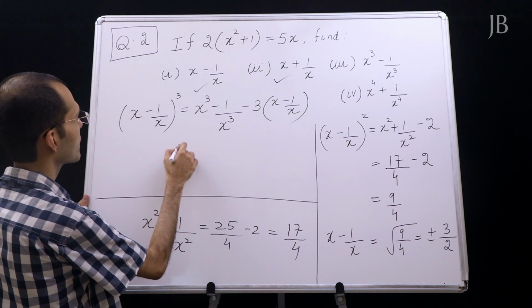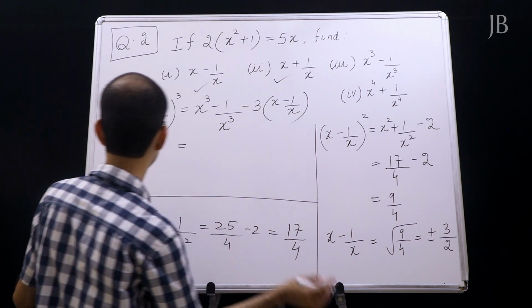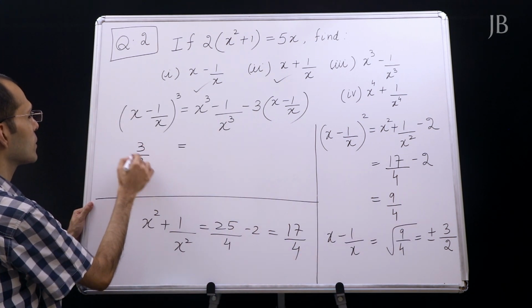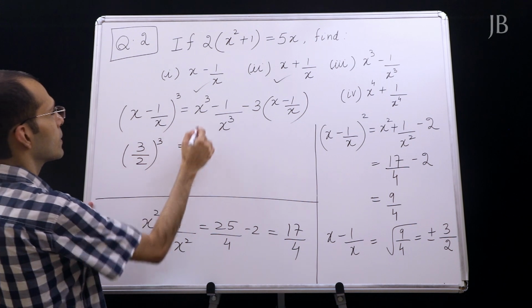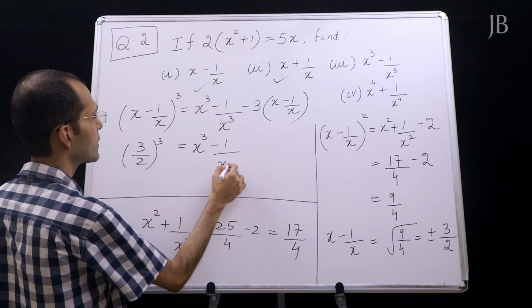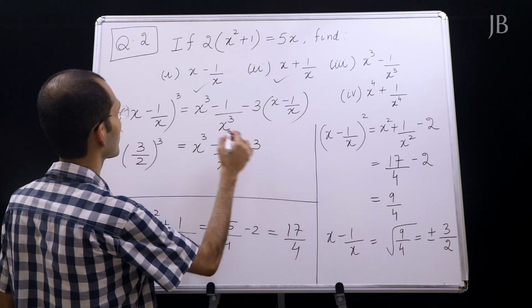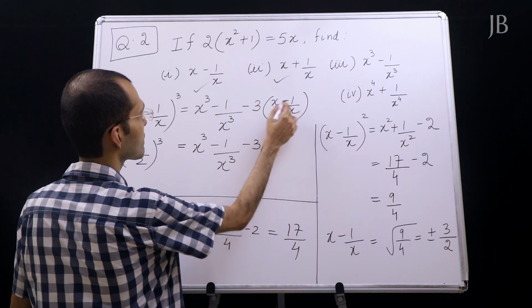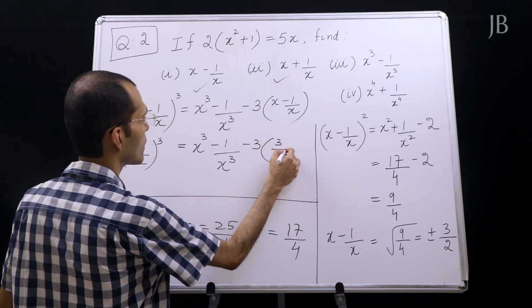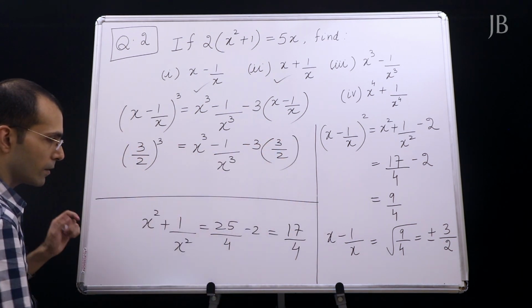Okay, now this will be, wait, x minus 1 upon x is 3 by 2. So it is 3 by 2 the whole cube. This is what we have to find out. So this will remain as it is, minus 3 into x minus 1 upon x. What is x minus 1 upon x? 3 by 2. Okay, this is done.